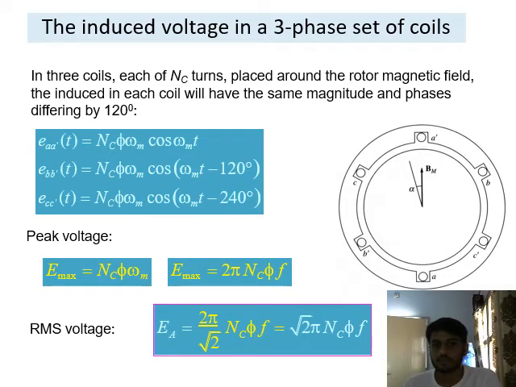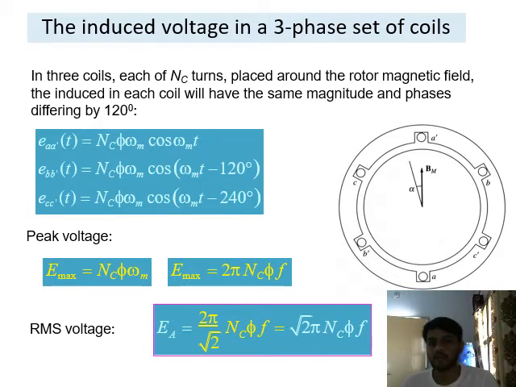So this is the formula for induced voltages in a three-phase set of coils. In three coils, each of Nc turns placed around the rotor field, the induced EMF in each coil will have the same magnitude and a phase difference of 120 degrees. Because we place all the windings 120 degrees apart, our voltages are also induced with a phase difference of 120 degrees.